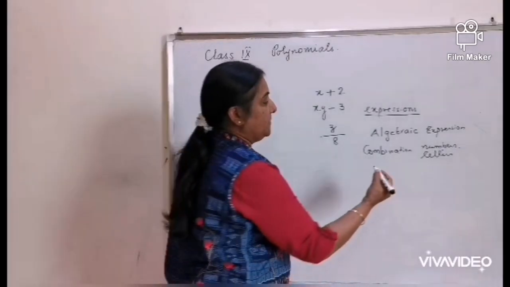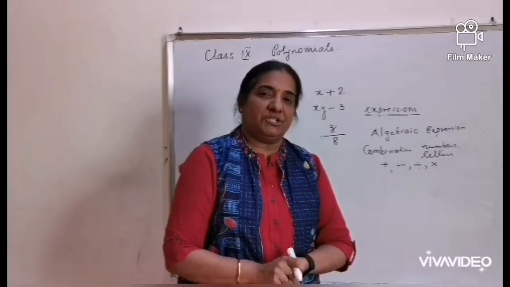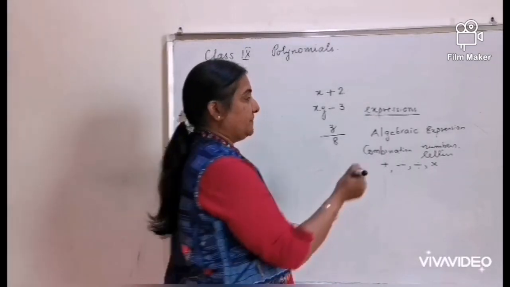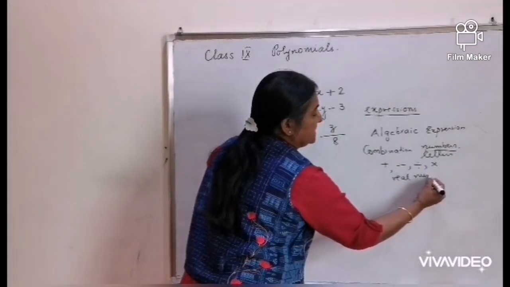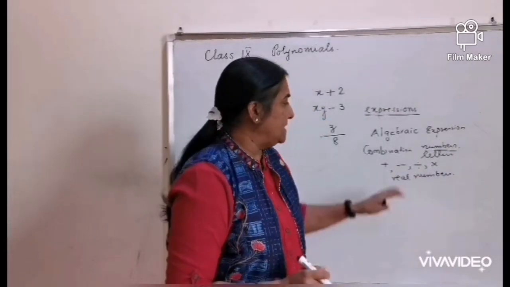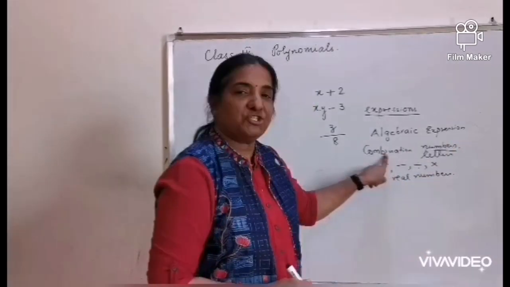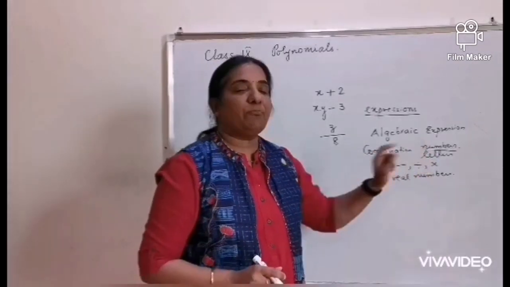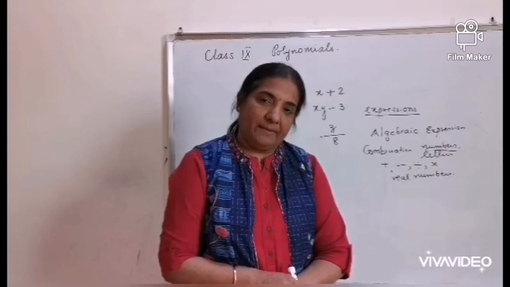They are connected by the 4 fundamental operations of maths: addition, subtraction, multiplication and division. At the same time, the numbers belong to real numbers. That is, any real number can take the place of the numbers. Thus, an algebraic expression is a combination of numbers and letters connected by the 4 fundamental operations in maths, and the numbers are all real numbers.